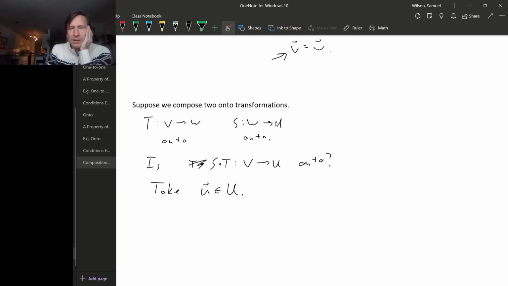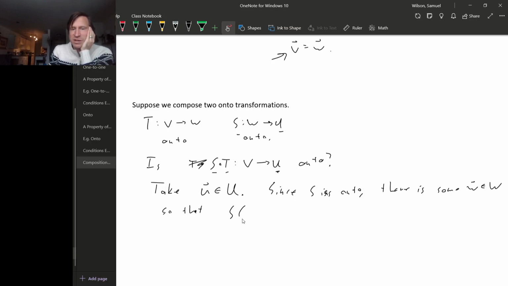Okay. Well, it's true that U is the target space for S composed with T, but U is also the target space for S. So since S is onto, there's some vector w sitting inside of capital W so that S applied to w is u, right?